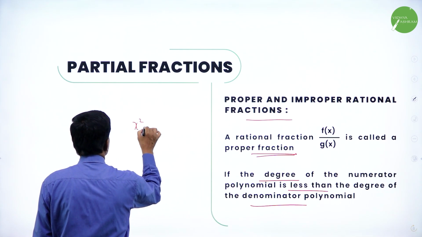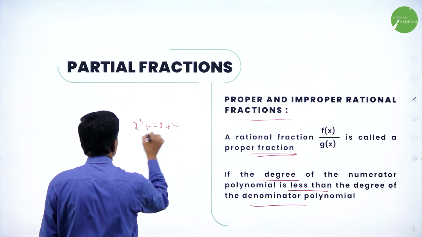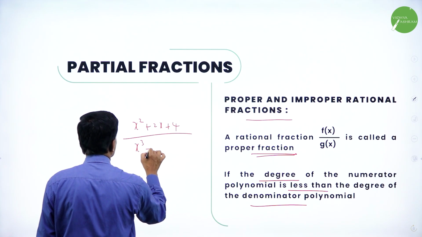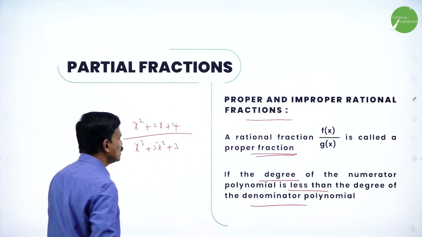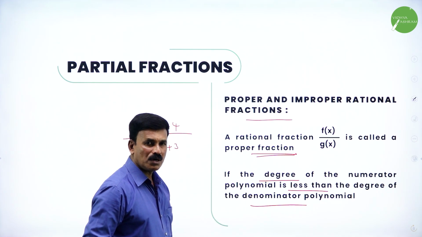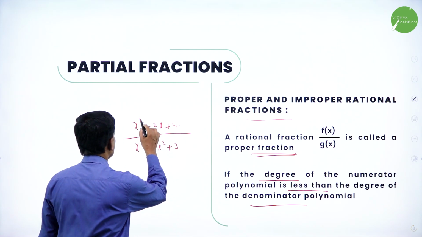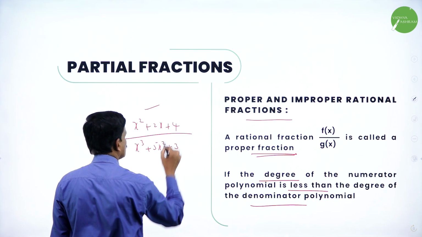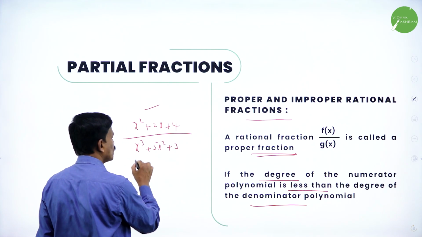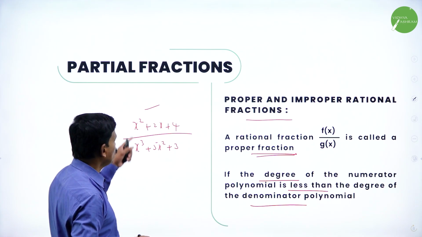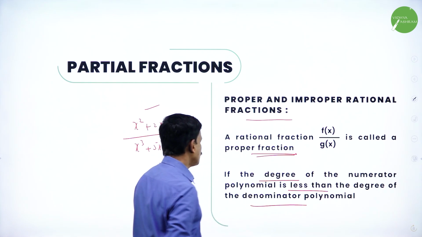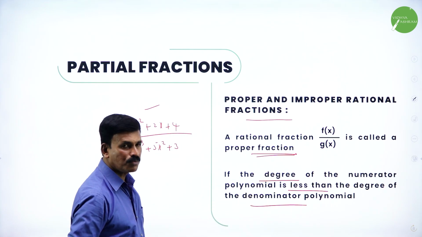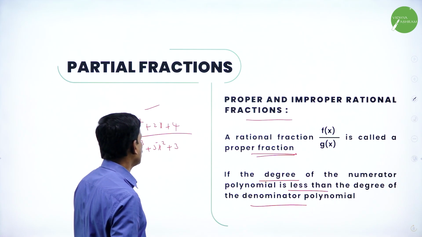For example, (x² + 2x + 4) divided by (x³ + 5x² + 3) is an example of a proper fraction, because the degree of x in the numerator is 2 and the degree of x in the denominator is 3. So the numerator degree is less than the denominator degree. Therefore, this is an example of a proper fraction.